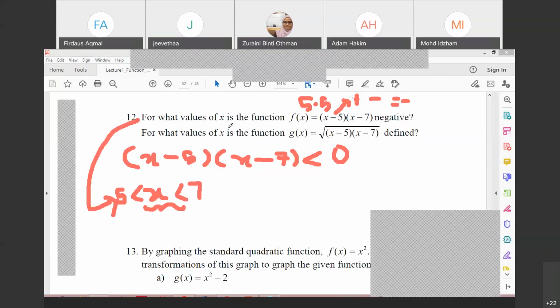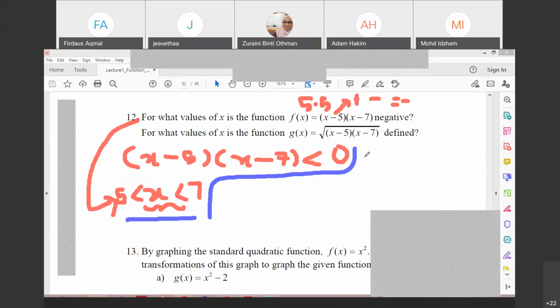Okay, now for what value of x yang dia define. Maksudnya kalau dia dah di dalam square root ni, dia define bila dia bukan negatif kan? Bila dia bukan negatif, so it's defined. So meaning that here, kita letak barrier. Okay, meaning that here, kita tahu dia negatif bila masa yang ini kan.